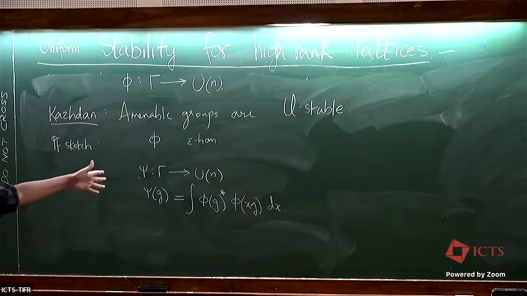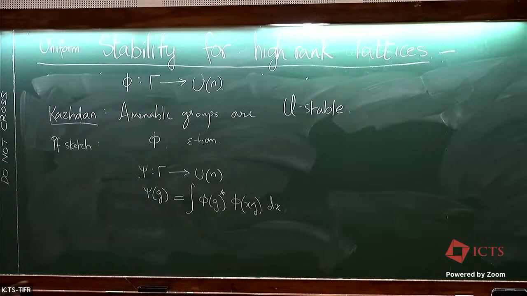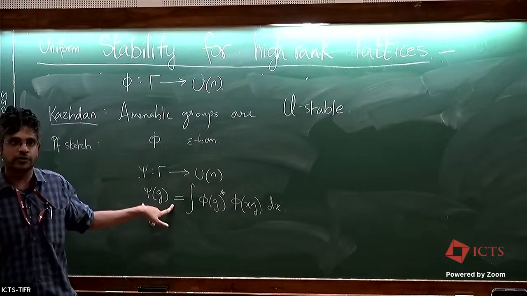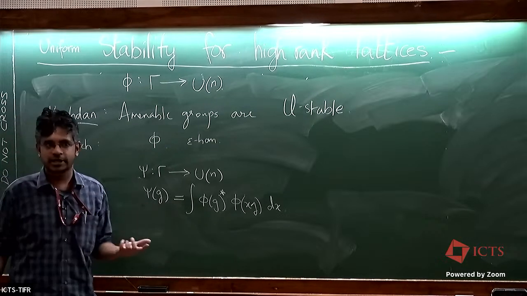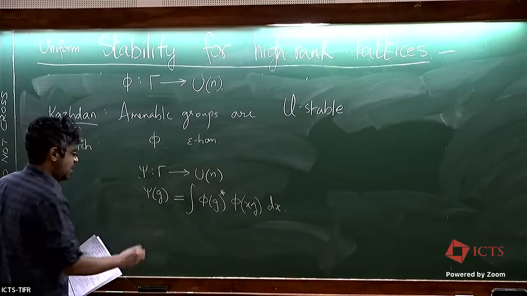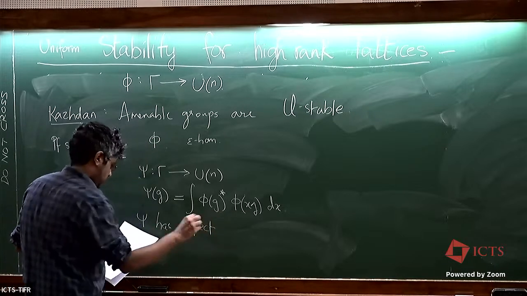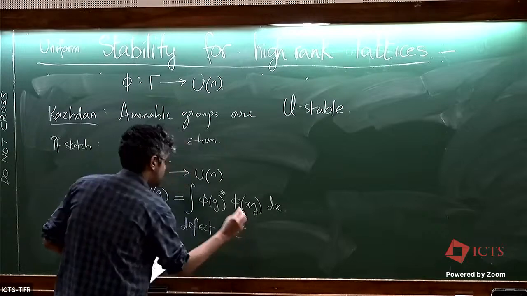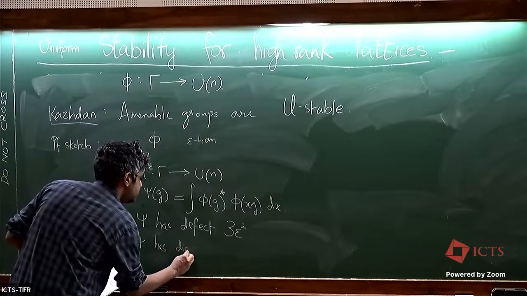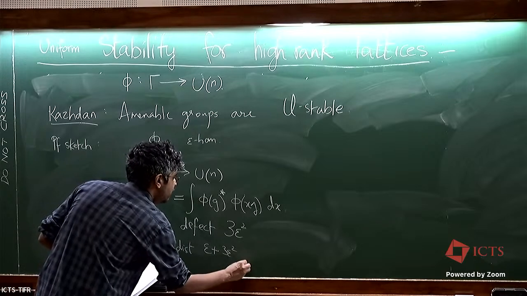This is what we essentially did even in the U1 case. You just took an average, but over there, the average instantly becomes a homomorphism. Psi becomes a homomorphism in the U1 case. But over here, what happens is psi is not exactly a homomorphism, but psi has defect something like 3 epsilon squared, and psi has distance around epsilon plus some 3 epsilon squared from phi.